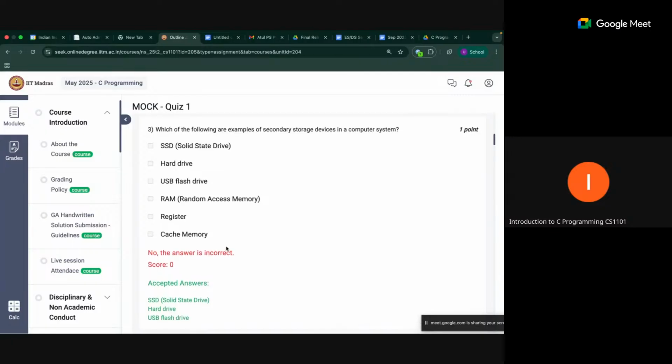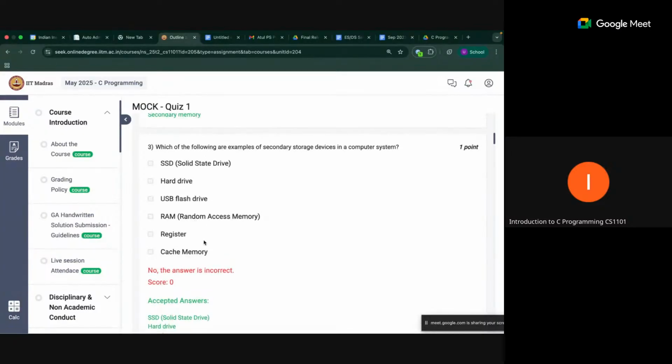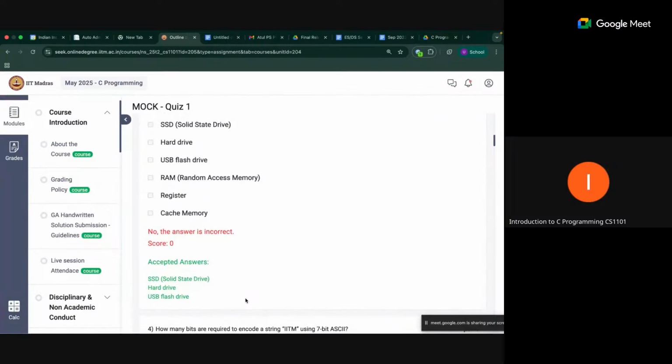Cache memory and registers will be inside only, and RAM is also inside, considered primary. So these are the options: SSD, hard drive, and USB flash drive.